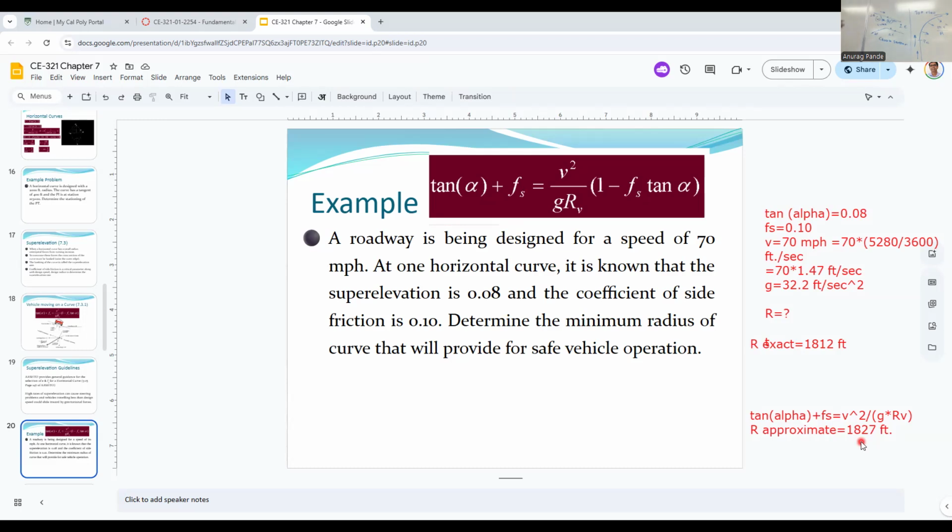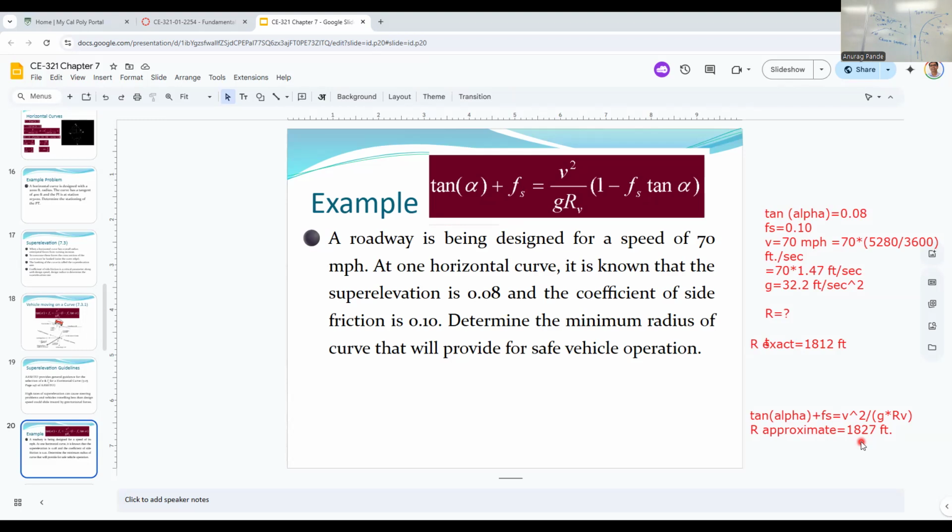So what you will see in roadway design sometimes is people just use tan alpha plus Fs equal to V squared over gR as the equation. Why? Because Fs is in the range of 0.1 or 0.08 and so forth, and you multiply that by the superelevation rate, where 0.08 is basically the maximum value you can have in a rural area, and typically that value is lower than this.